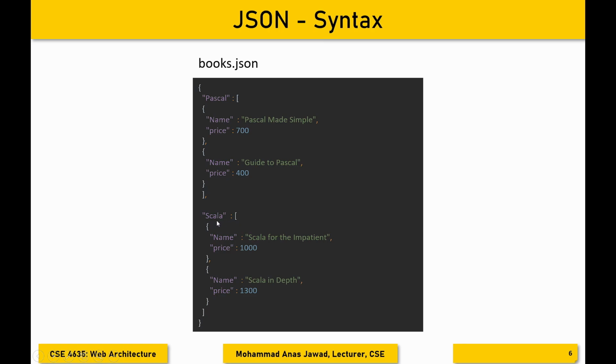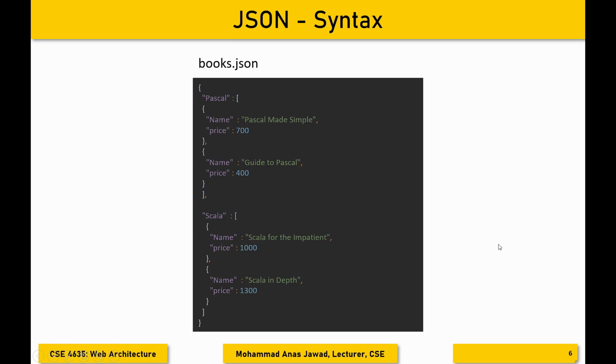The other array, Scala, also has two objects. The first object has the name Scala for the Impatient, and the price is 1000. And the second object has the name Scala in Depth, and the price is 1300. So we can see that this JSON file is essentially holding two array objects, and these array objects themselves have two other objects.